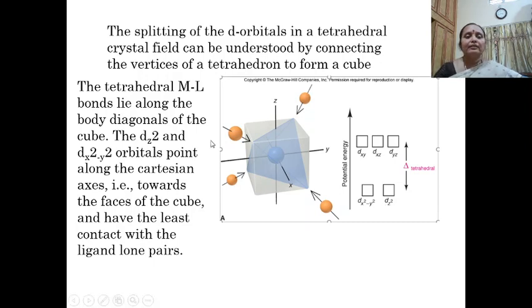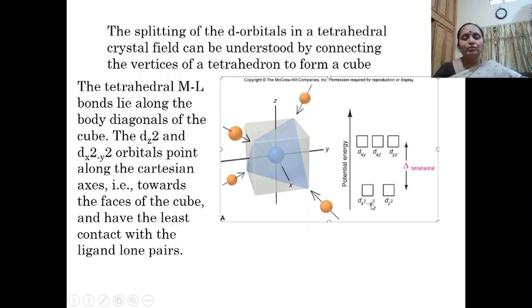Here the tetrahedral metal-ligand bonds lie along the body diagonals of the cube. The dz square and dx square minus y square orbitals point along the Cartesian axes, that is, towards the faces of the cube, and they have the least contact with the ligand pairs.